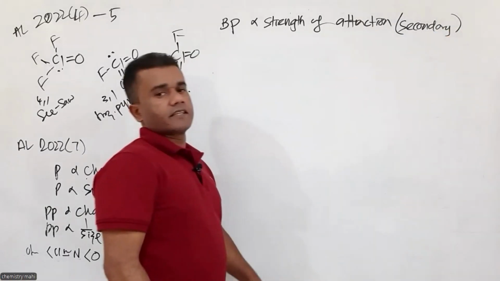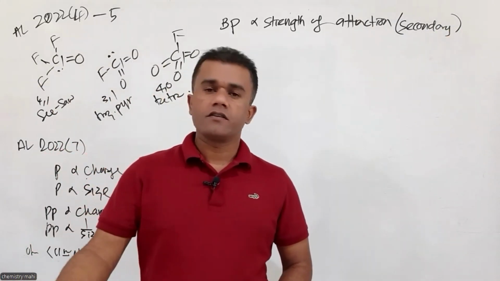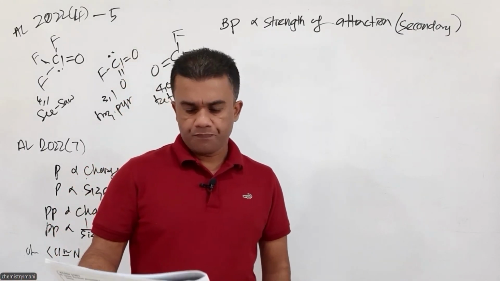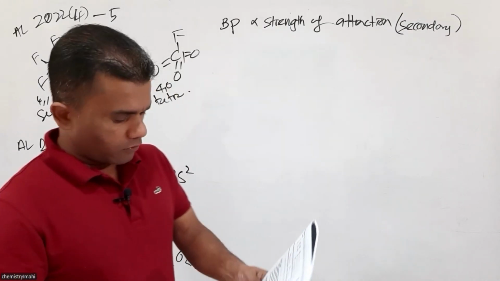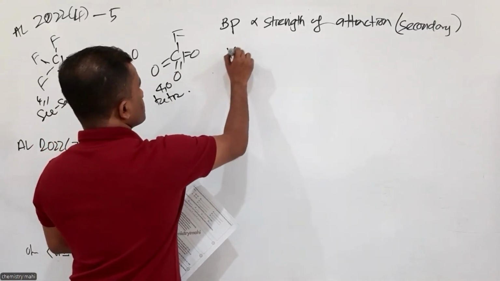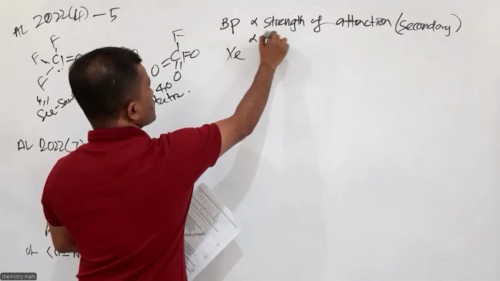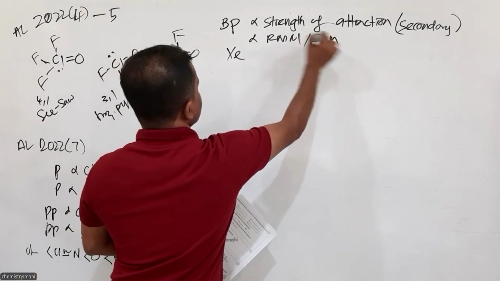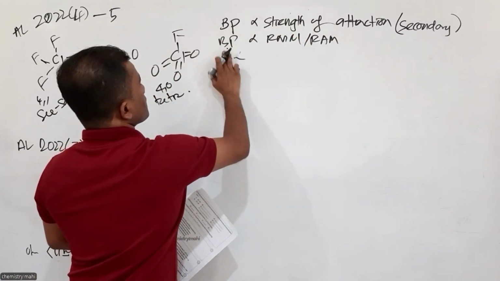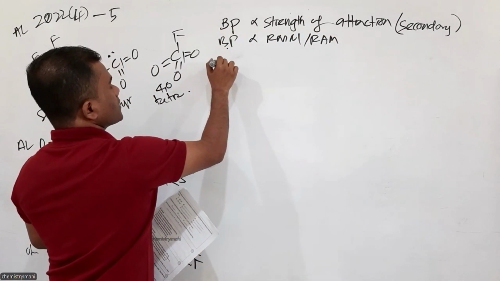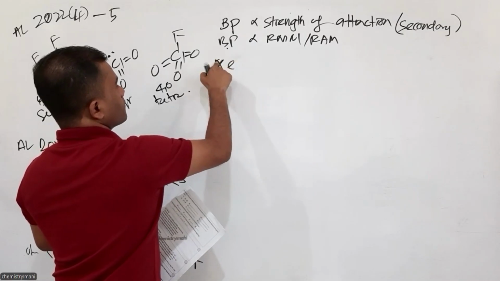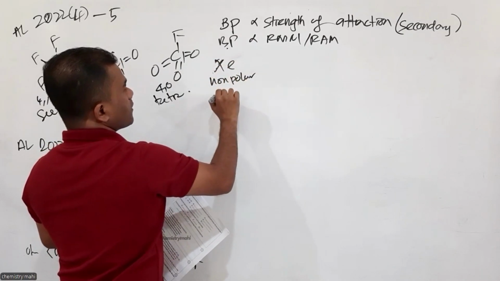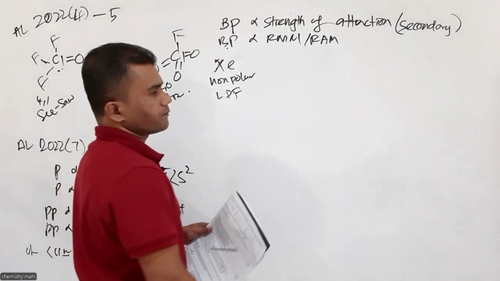What are the secondary attractions we discussed? Hydrogen bond, dipole, London dispersion force. Boiling point is also directly proportional to relative molecular mass or relative atomic mass. First of all, we have xenon. Xenon is a non-polar atom, and if it is non-polar, it has London dispersion force.